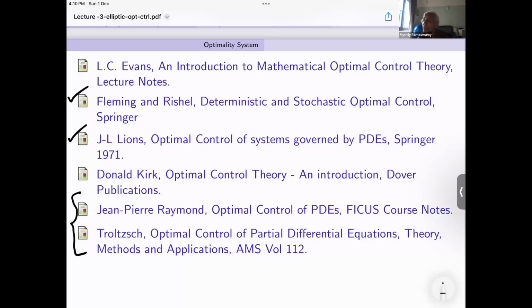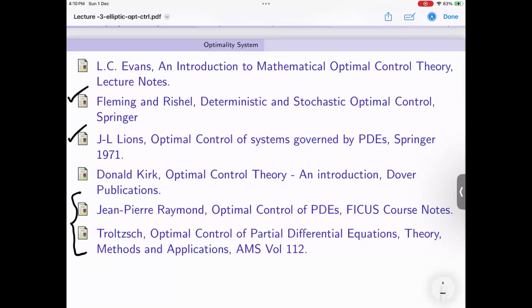Same with Fredi Tröltzsch. The second chapter is on elliptic, third chapter on linear parabolic. After that, he takes up semilinear problems and extends the theory to that also. Okay, any questions now?